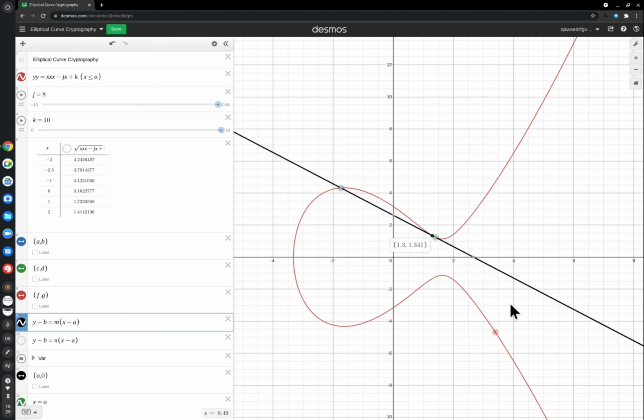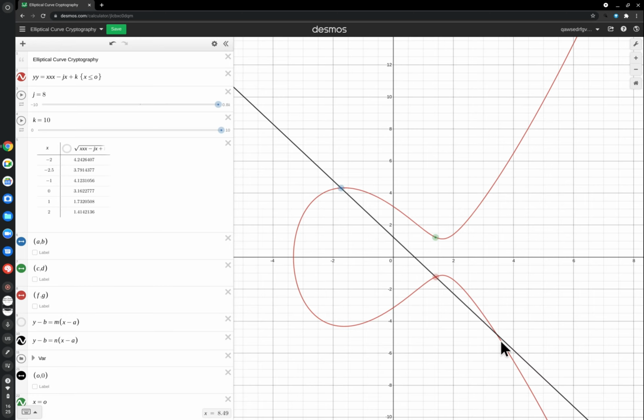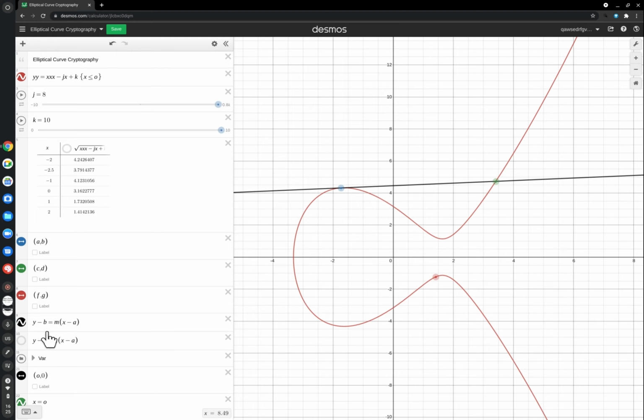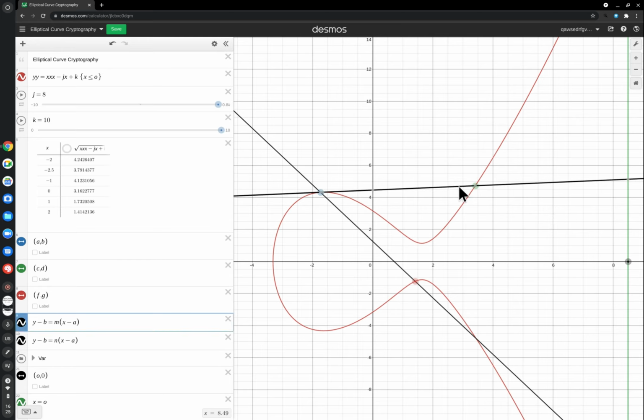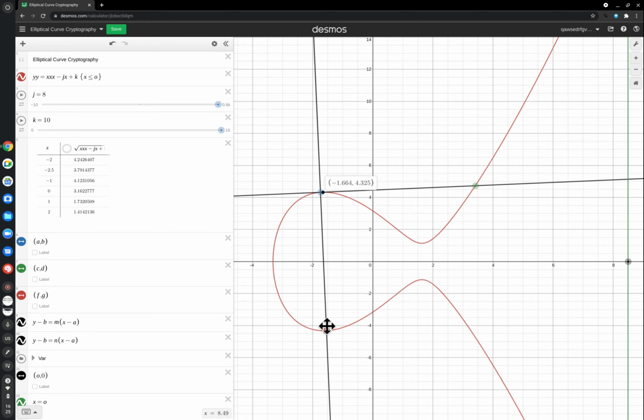You notice it's very awkwardly placed. We keep on going. Now it intersects over here. And now you notice that it seems to be a very random process of just going back and forth trying to figure out what points. See, now this one is all the way up close.